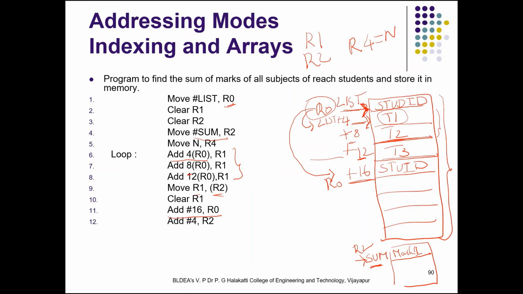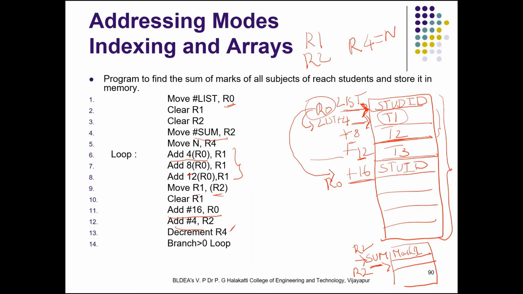Now with respect to this, I am also going to change the content of R2. R2 also I am going to make it point to the next word so that we can store the next student marks. So this also we are incrementing by 4. And since we have already performed addition for one student, we are decrementing the count by 1.